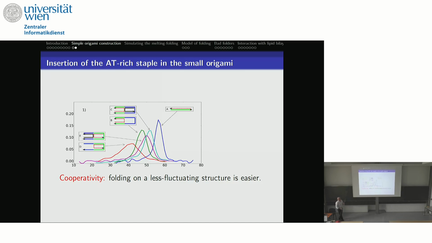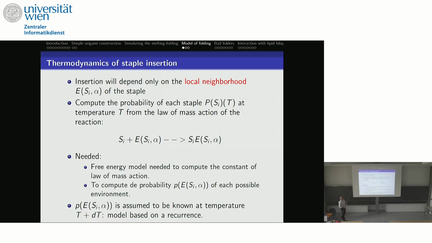So we did a parameterization of these effects as a function of the composition of different staples, always in this context of 3 staples. And what we decided is to include all this information in an algorithm, which is iterative, in which we try to compute the probability of binding of a staple as a function of temperature, taking into account what we know of the other staples, okay?